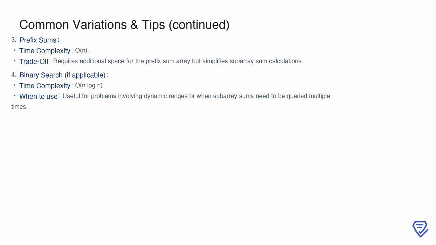This method has a time complexity of O(n log n), and can be useful in scenarios where efficient querying is more important than the one-time setup cost. Each of these approaches has its strengths and weaknesses, and the best choice depends on the specific problem constraints and requirements. By understanding these variations and trade-offs, you'll be better equipped to select the most suitable solution for different scenarios.